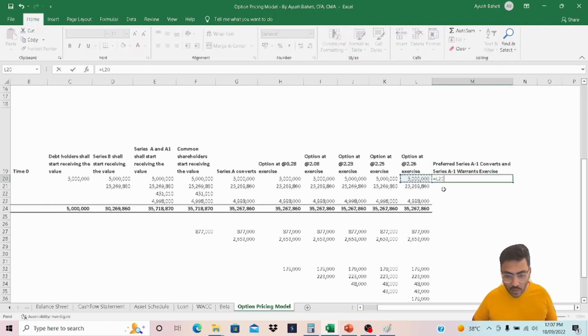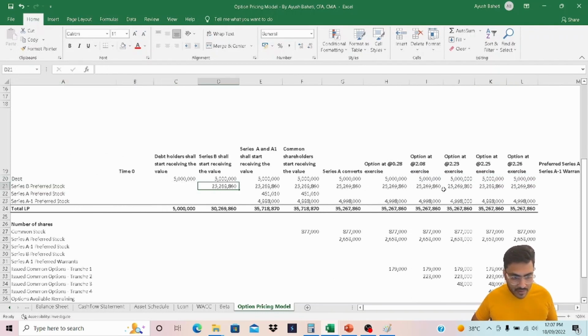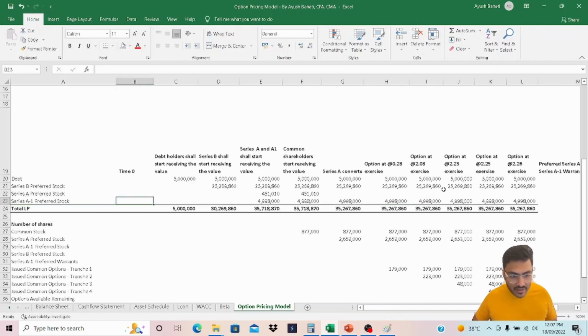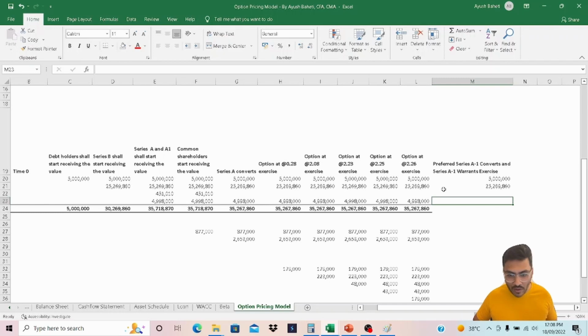So debt holders will receive the value. This is series preferred B, so they will also receive value. On the other hand, the series A1, now since they have converted into equity shareholders, they will not receive the liquidation preference. So this will be the total liquidation preference.